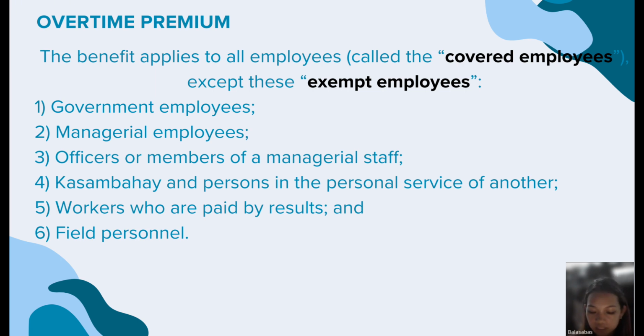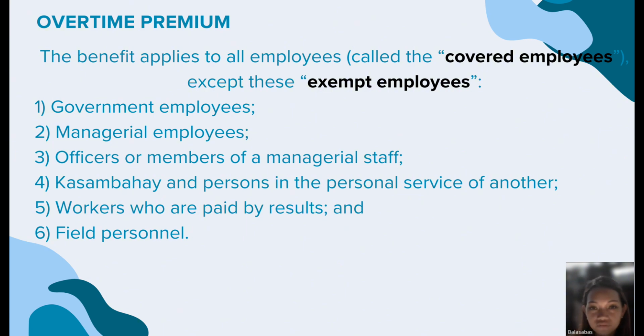First, we have the government employees, whether employed by the national government or any of its political subdivisions, including those employed in government-owned or controlled corporations with original charters or created under special laws. So, those working in the government, and those in corporations owned by the government, are exempted from overtime pay.